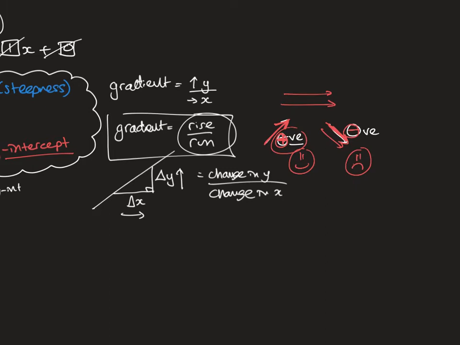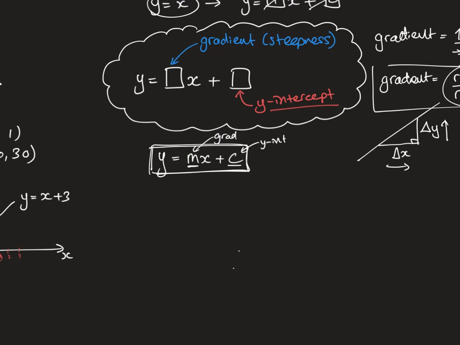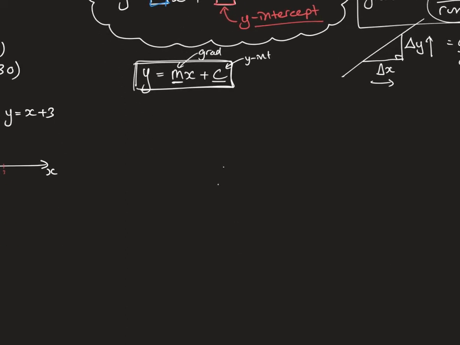Right, great. I'll come back to a little bit more of that in a bit. But remember, any graph has this value here, this is your gradient, and the value that's on its own is your y-intercept. So if we had this graph here, y equals 2x plus 5, what's going on here is our gradient is 2.